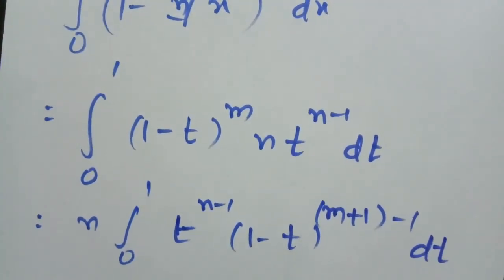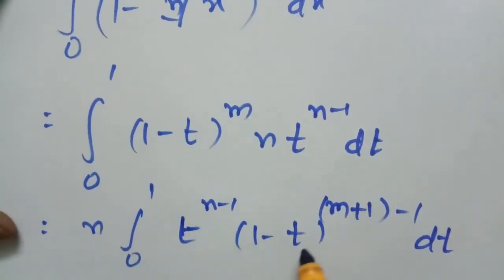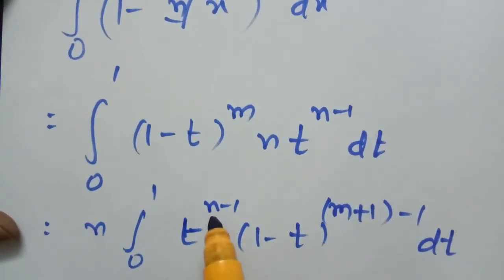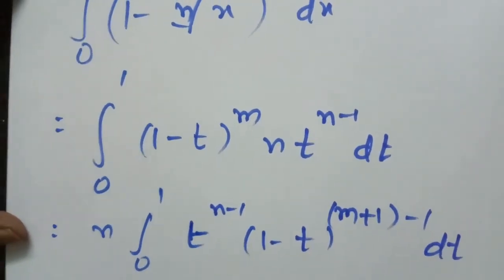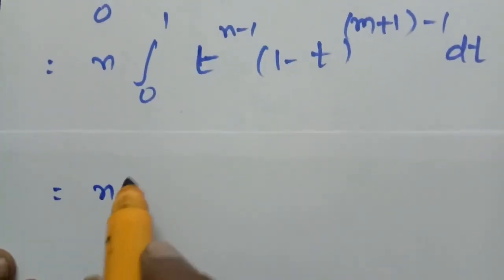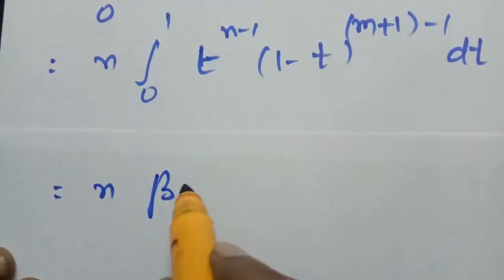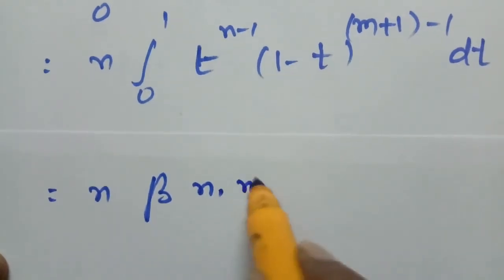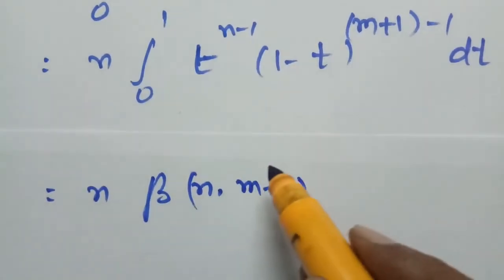This is of the form t power m minus 1 into (1 minus t) whole to the power of n minus 1. Here m equal to n, n is equal to m plus 1. This is equal to n into beta n comma m plus 1 by the definition of beta function.